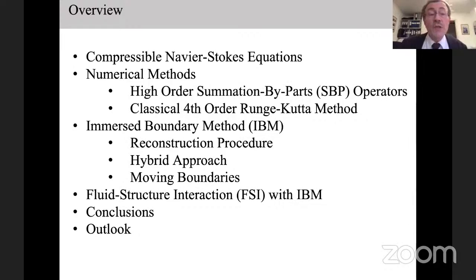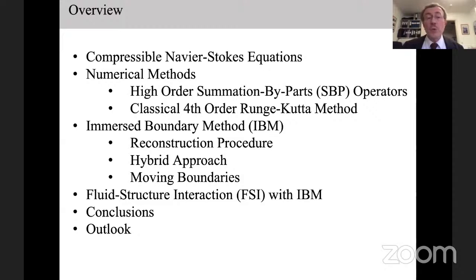My task was the fluid structure interaction part, and we chose to use the compressible Navier-Stokes equations as the model for the fluid flow, so that we also have acoustic effects involved, and also, if we like, thermal effects. We used for the discretization in space high order summation by parts operators, which have an inbuilt stability property. Integration in time was done by the classical fourth order explicit Runge-Kutta method.